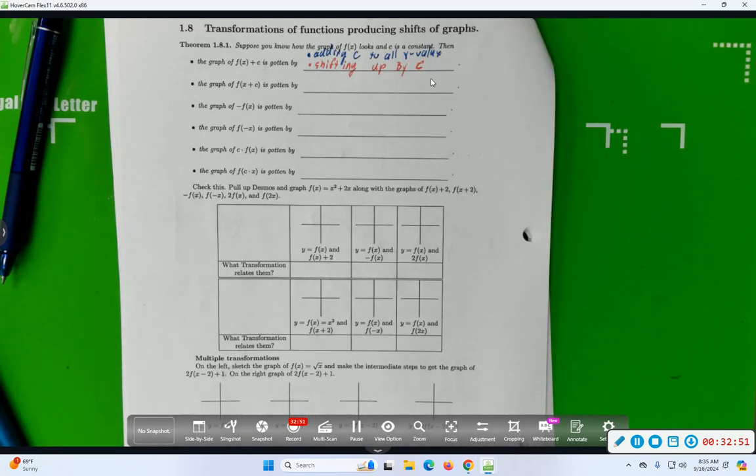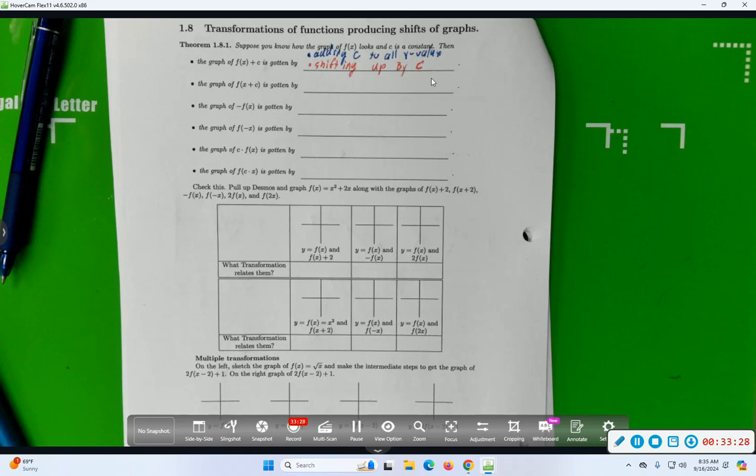What if I add a c to the x inside of a function? What do you think that should do to a graph? It should change its x-intercepts. I think the x-intercepts will wind up moving. I think that's reasonable. In fact, everything that has to do with an x value will move. Which direction? Negative. Or the opposite. How many people have already seen something like this and are pulling from something they remember?